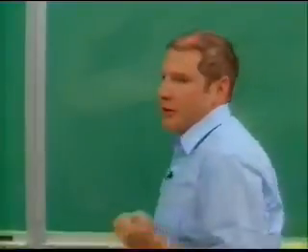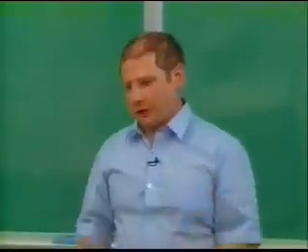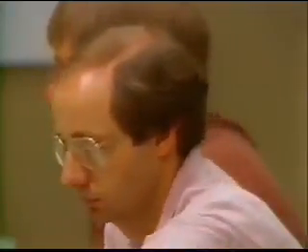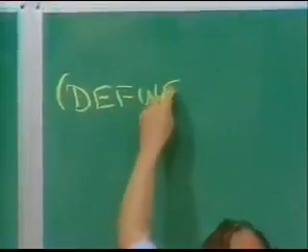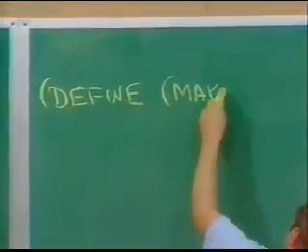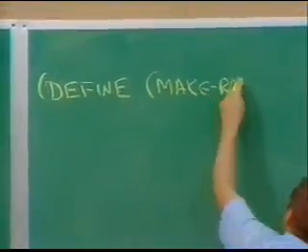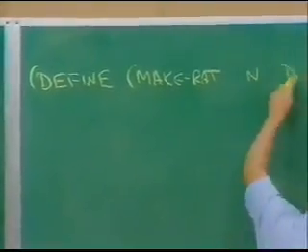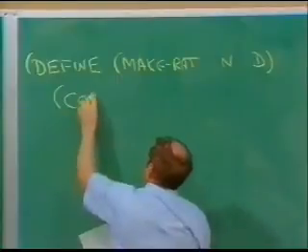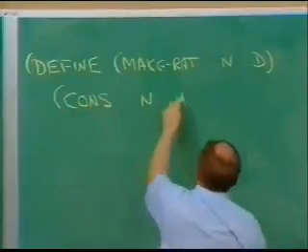Given them, it's pretty clear how George can go off and construct his rational numbers. Remember, George's problem was to implement make-rat, numer, and denom. So all George has to do is say define make-rat of some n and d, well, all I have to do is cons them. That's cons of n and d.